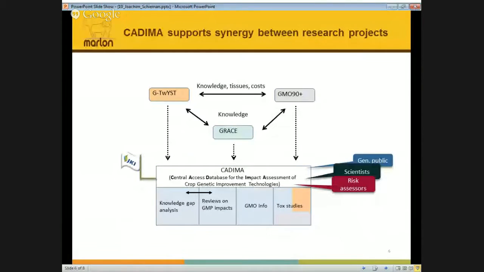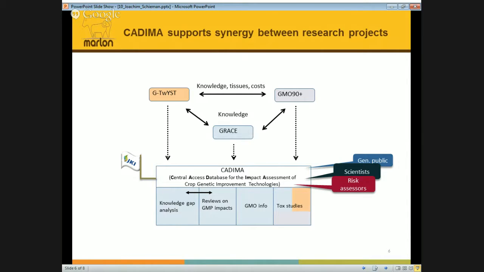The fourth point in my introduction was dealing with communication and with data to provide data for the public debate and for policy decisions. And that is done by our database, CADIMA, Central Access Database for the Impact Assessment of Crop Genetic Improvement Technologies.